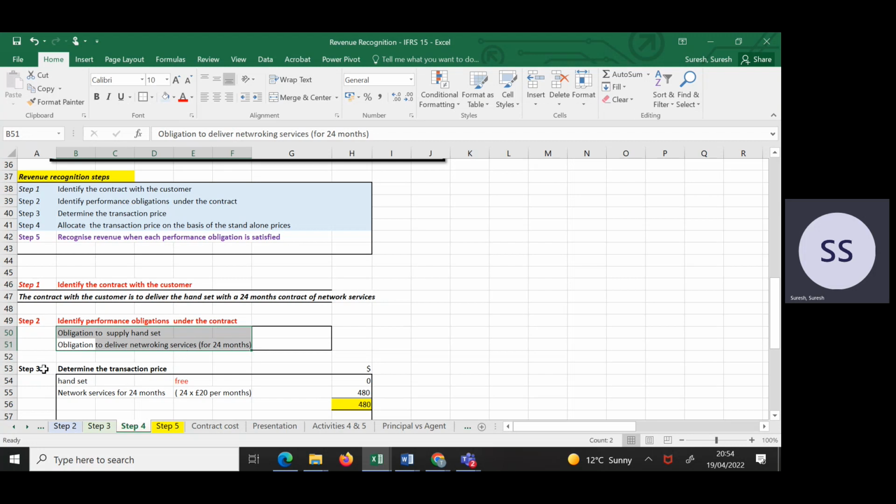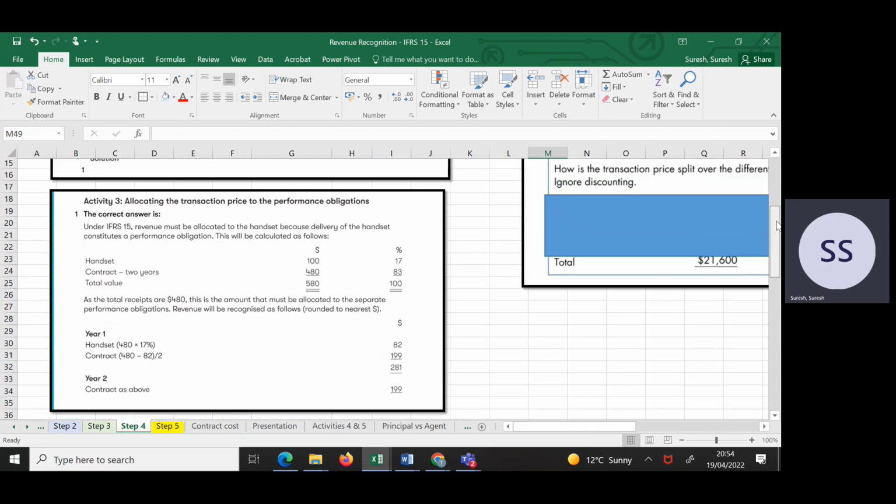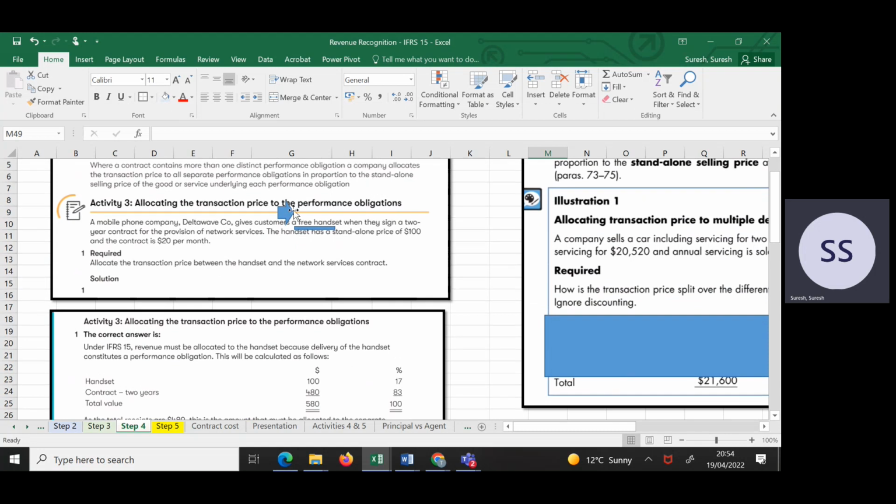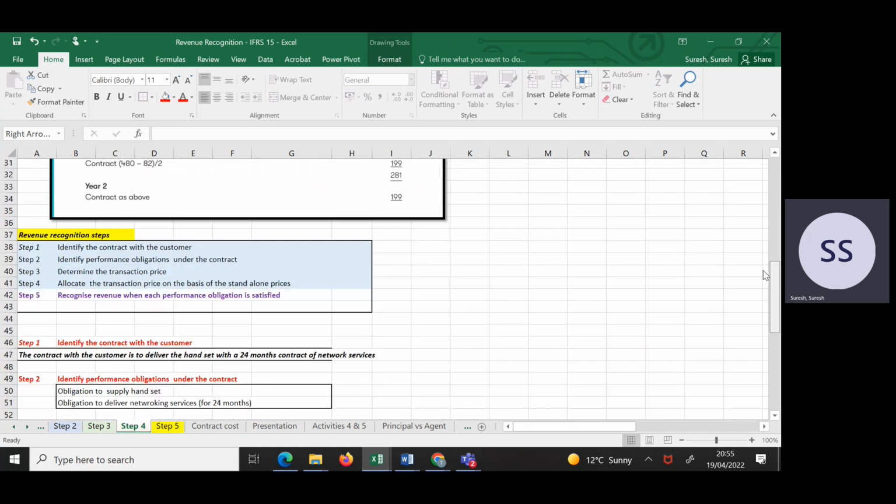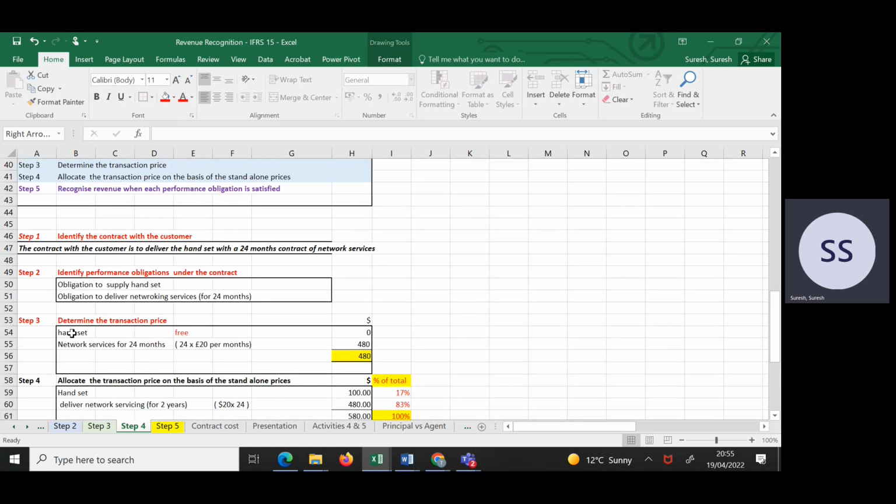Now the third step is to identify the transaction price, which is the revenue. We are not going to receive anything for the handset. It was given free, even though there is a standalone price.